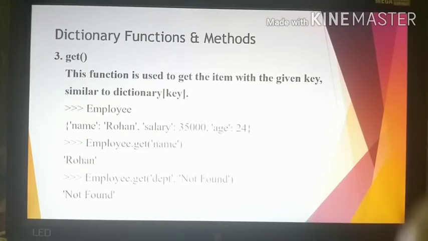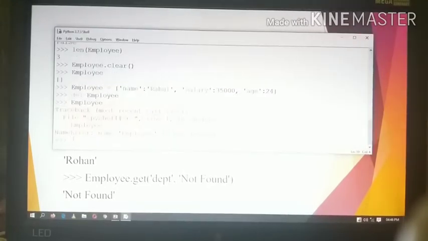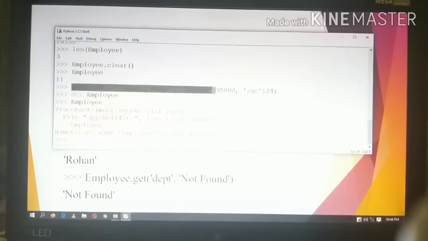Now next one is the get function. This function is used to get the item with the given key, similar to accessing by dictionary key. If you want to display the item, you have to create the dictionary again.